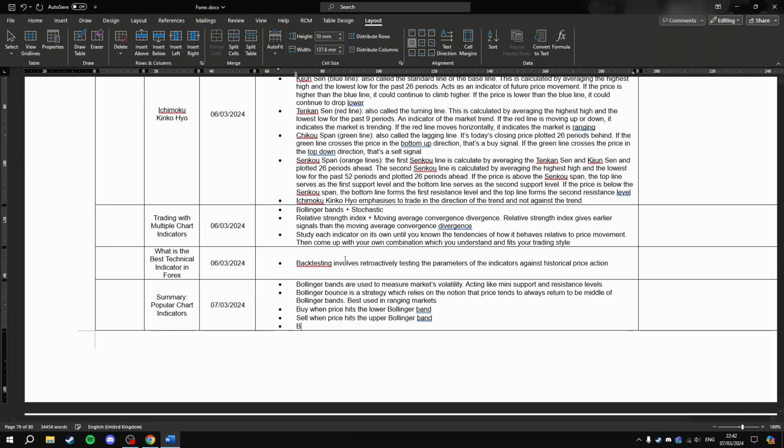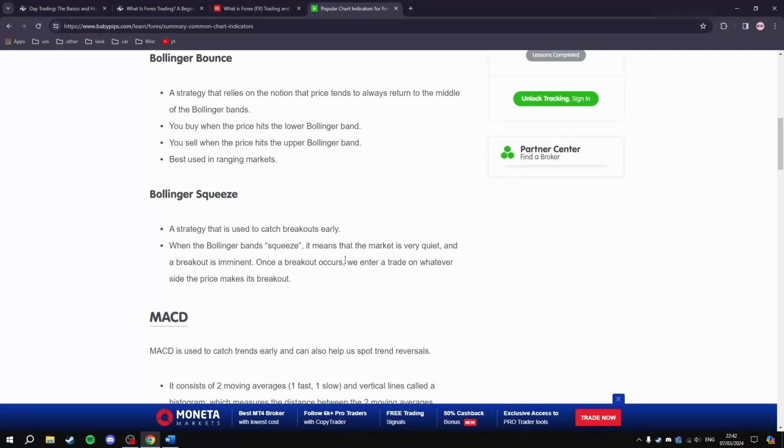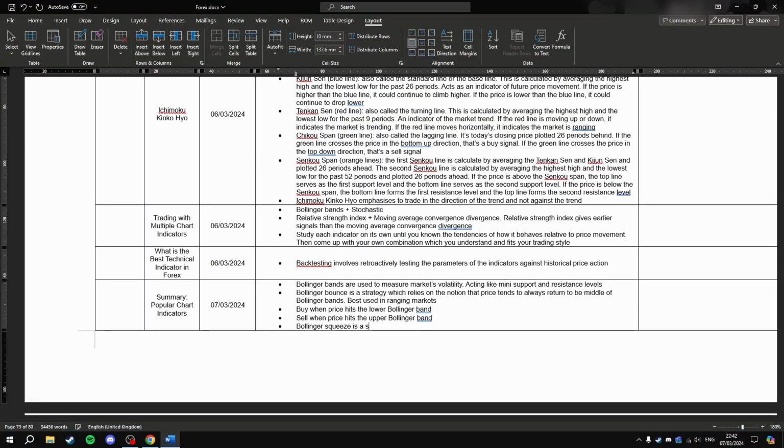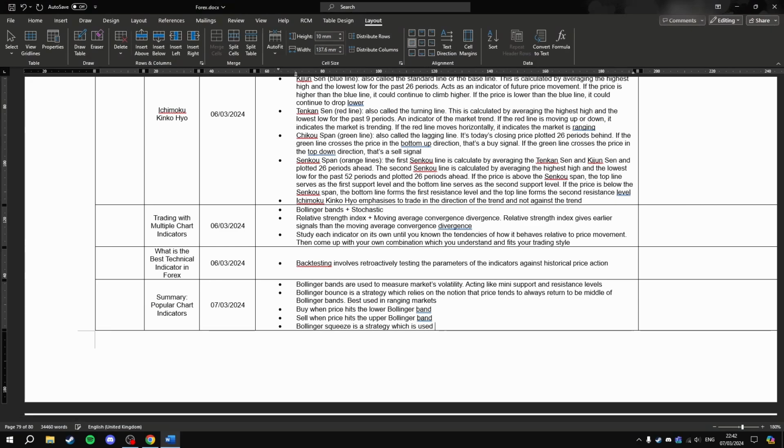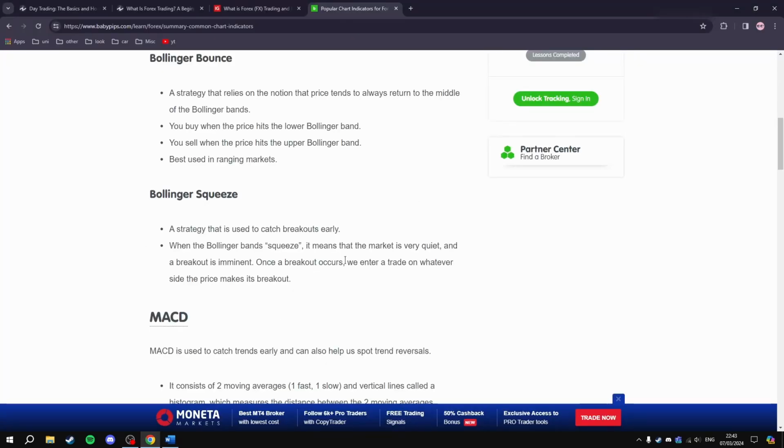The Bollinger squeeze is a strategy that is used to catch breakouts early. When the Bollinger bands squeeze, it means that the market is very quiet and a breakout is imminent.